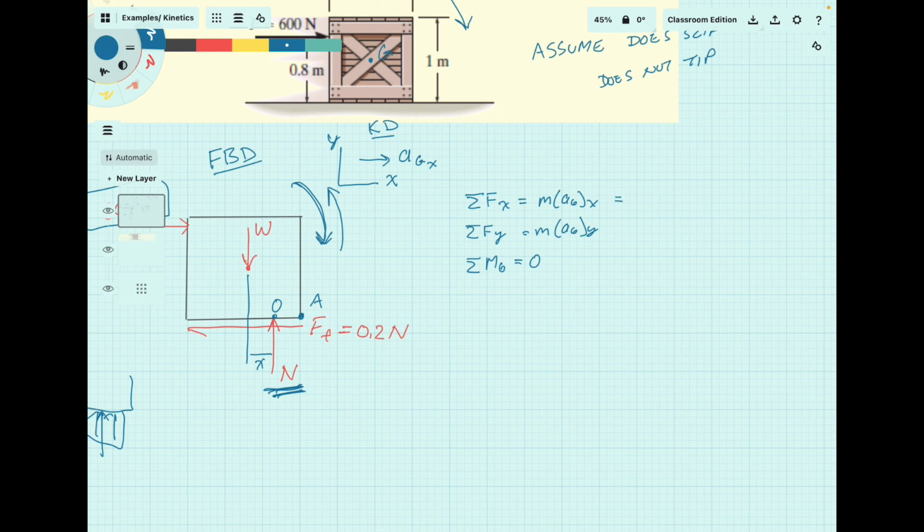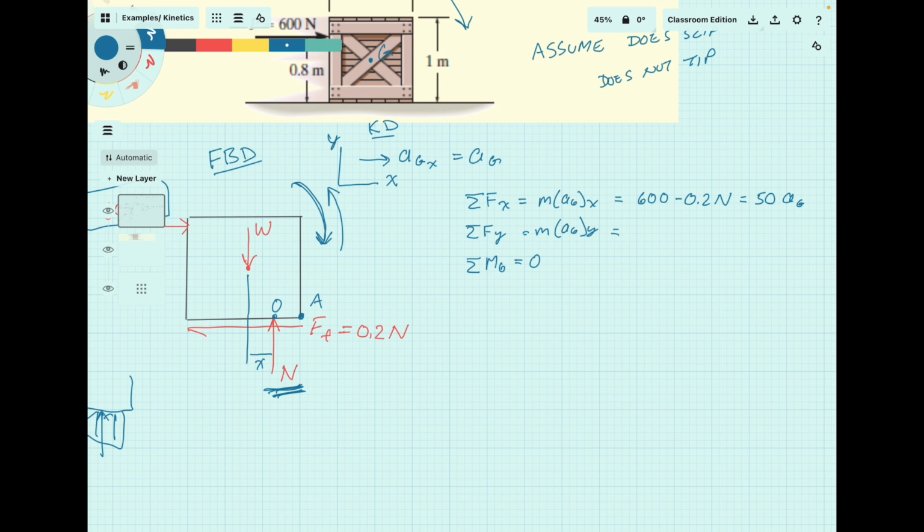So in the X direction, we have the 600 Newton applied force. We have the force of friction, which is minus 0.2 times N. Those are the only forces, and that's going to be equal to our mass, which is 50 kg, times acceleration at the CG. And since this is only sliding in the X direction, the X component of acceleration is the full acceleration as well.